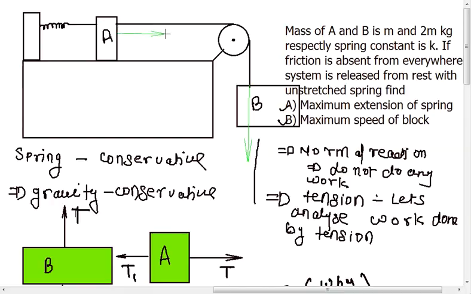If this is x, then this will also be x. Okay guys, if this portion moves by amount x, then this is going to move by amount x, because this thickness is not going to change.